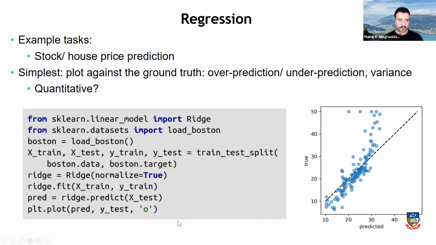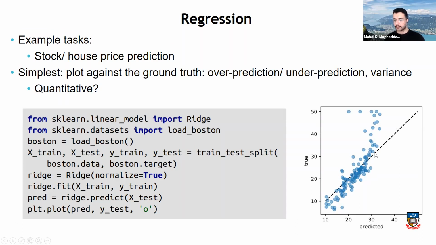Here we see a code snippet that is using the Boston dataset and ridge regression, and the purpose is to see how to plot these predictions versus the ground truth that you had. What you would want out of this, ideally, is a one-to-one relationship between your predicted values and the ground truth. And by that I mean a line that has a slope of 1.